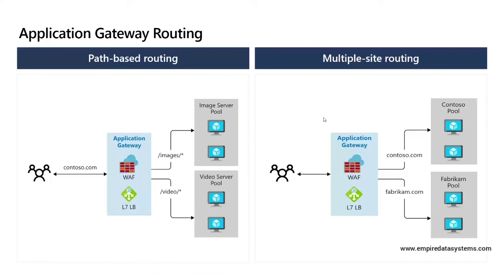Similarly, for the multi-site routing, from your end user perspective it hardly matters how they are accessing, but for the admin perspective it is going to be wonderful. They can do a kind of multi-site setup. If people are accessing a site, in this site they can customize different sets of policies or different sets of applications.